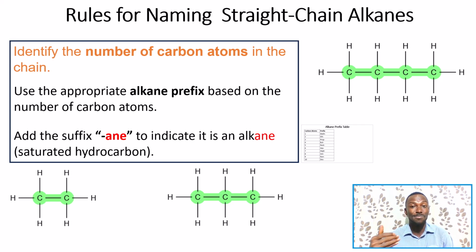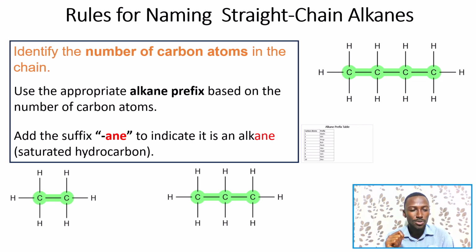If the child is male or female, that will tell the name. The parents are not going to name a male child Melissa, or a female child John or James. So the first thing to identify is the gender. For us also, to name straight chain alkanes, we first have to identify the number of carbon atoms present in the chain.